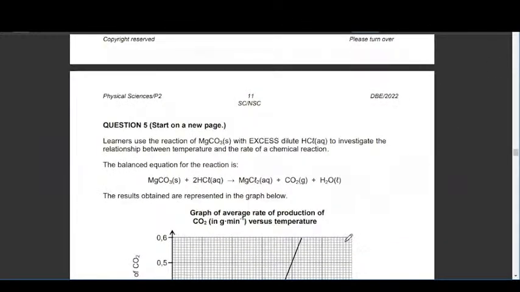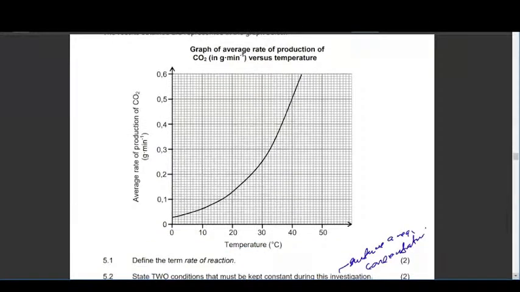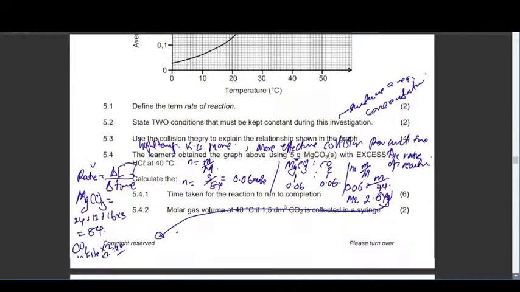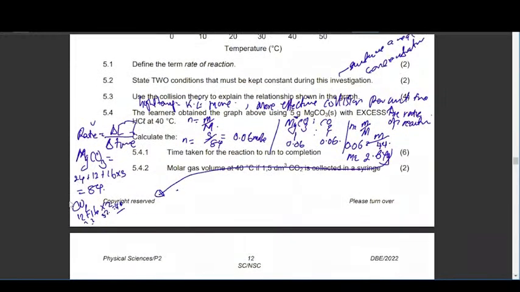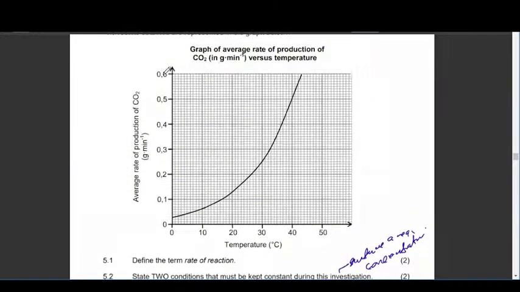And then this one, it does not reach 6. So it's 4. So basically it's 0.6 minus 0.06 minus 0.003. So when you subtract, you have to subtract this minus this, because it didn't start from 0.